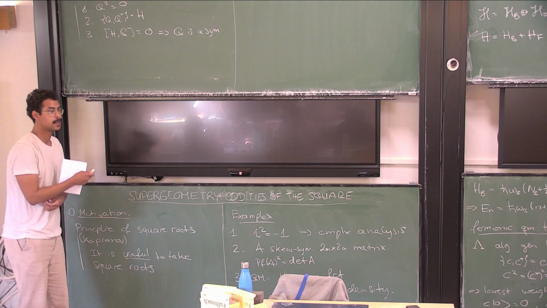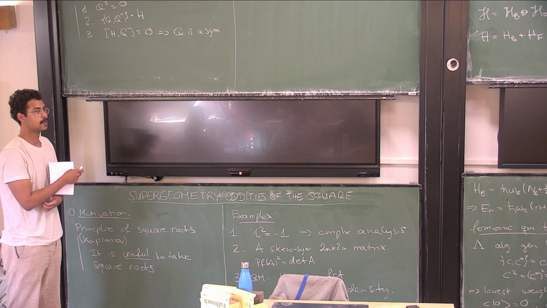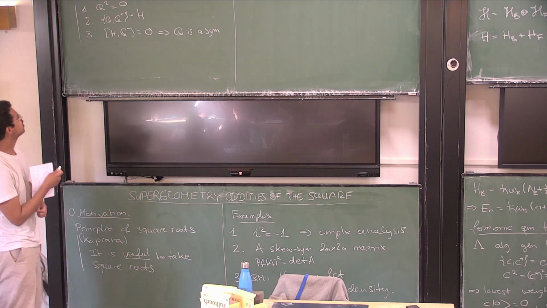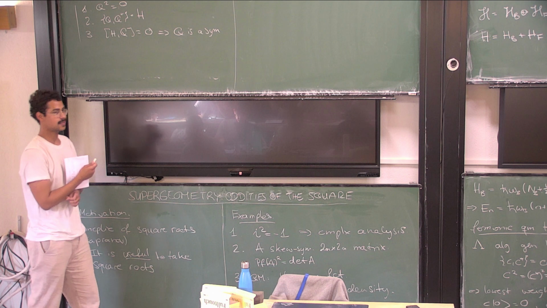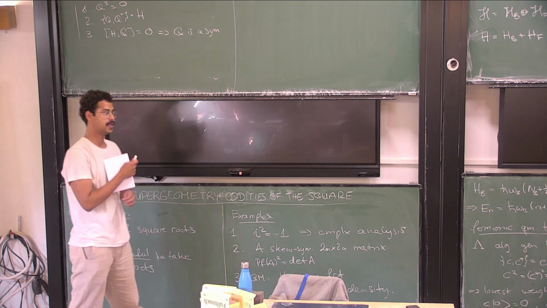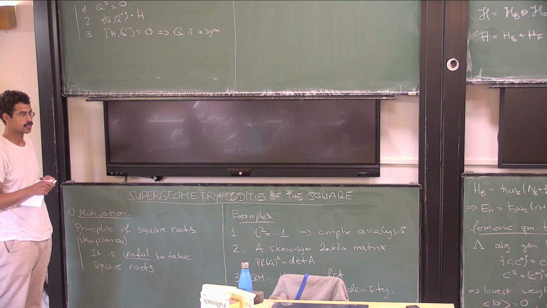Is there a kind of uniqueness statement, like those Q and Q star that you wrote down are the unique ones that satisfy those properties? I'm pretty sure there is in this case, and also in general, yes. At least in these physical systems there is a uniqueness.